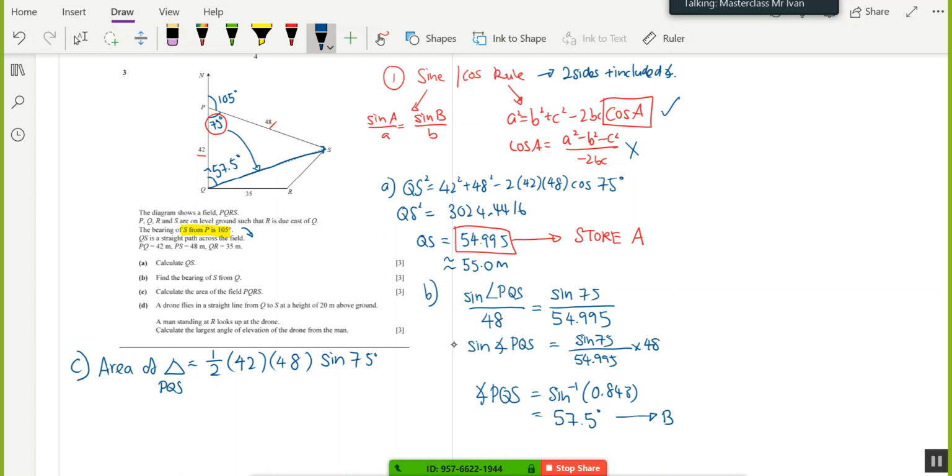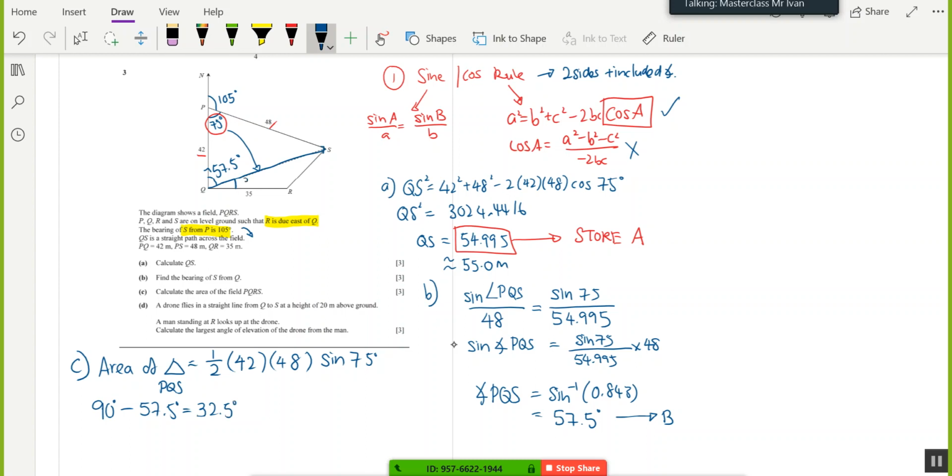Then the second one, now, another very important clue we never use is that R is due east of Q. Which means that this guy is how many degrees? 90 degrees minus 57.5 degrees, and that would be 32.5.